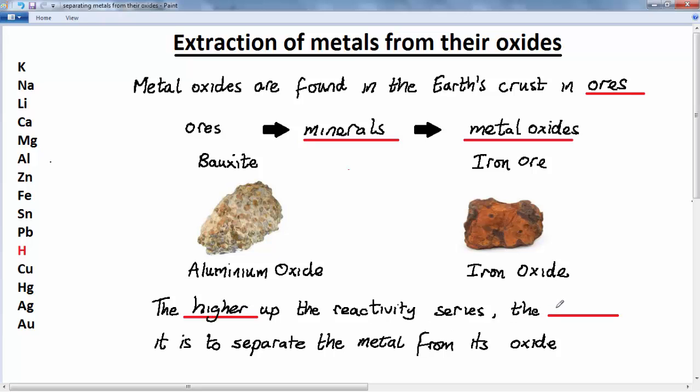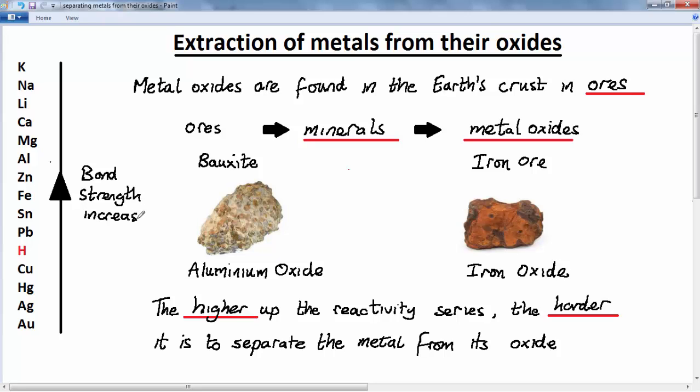And this is due to the fact that the bond strength increases as we move up the series. That's to say, the bond strength between the metal and oxygen.